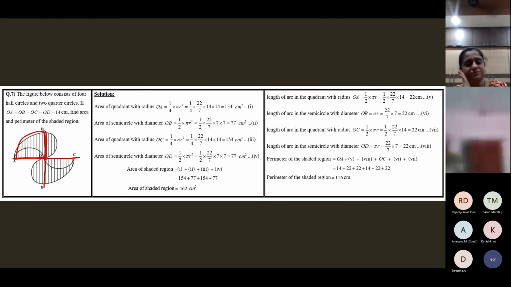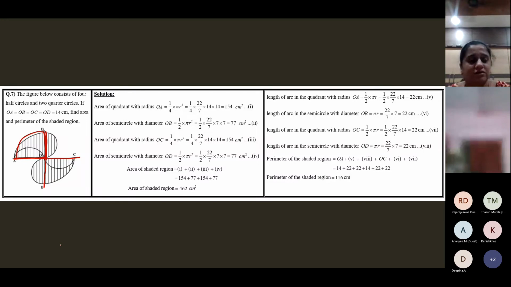Radius or diameter? For the quadrant, OA and OD are radius or diameter? Yes. Radius. So radius is 14 centimeters.